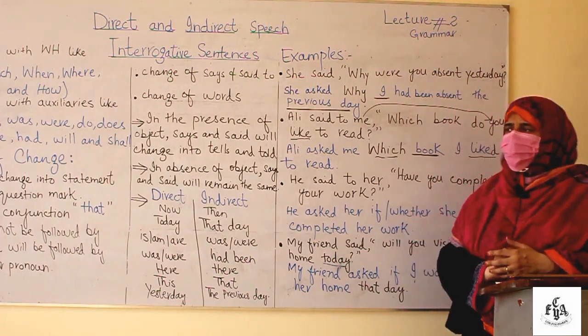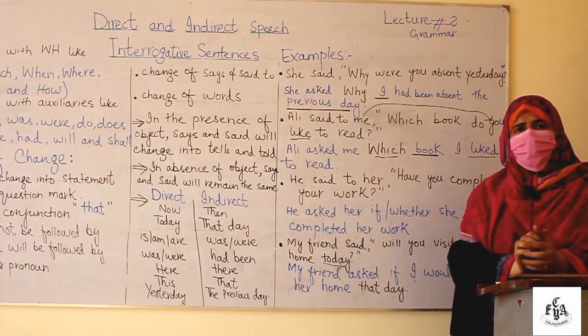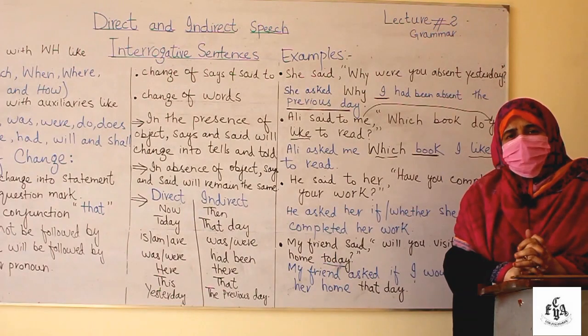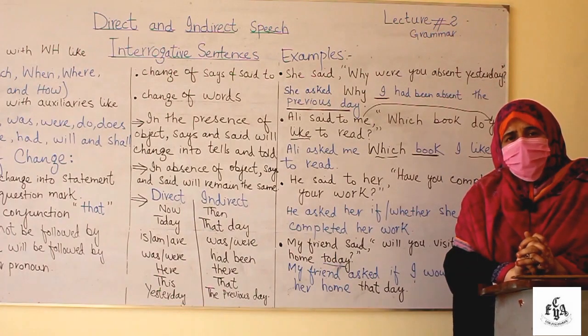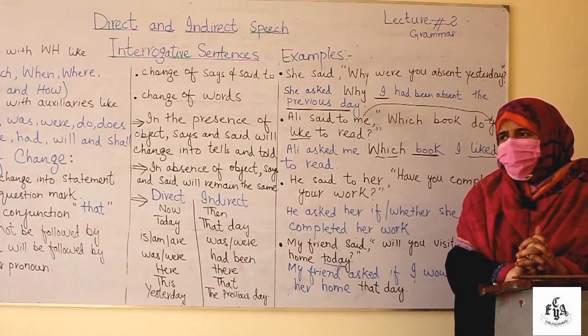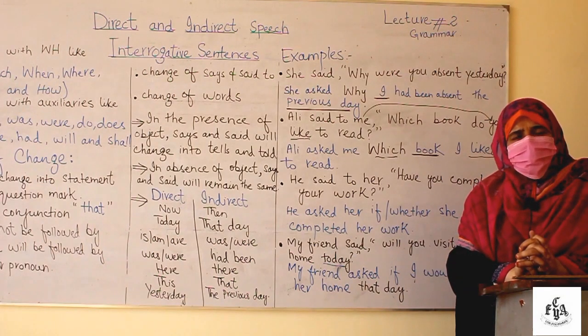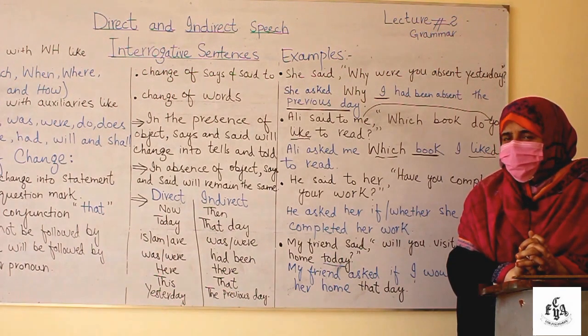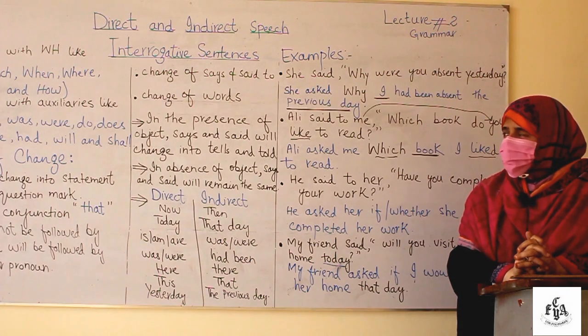Now here you can easily observe that I used an auxiliary along with WH, where and do. Because where do you live is present indefinite tense, it would change into past indefinite tense.